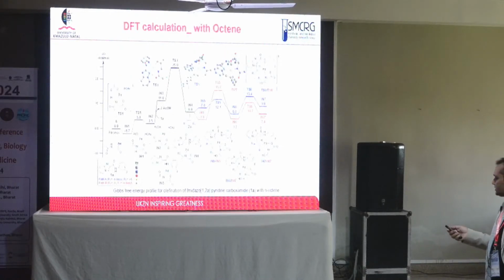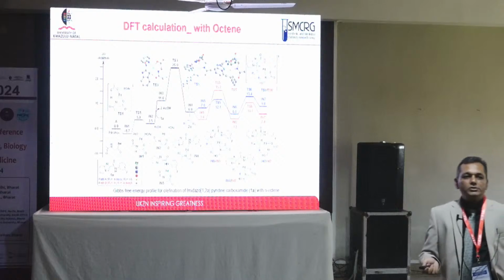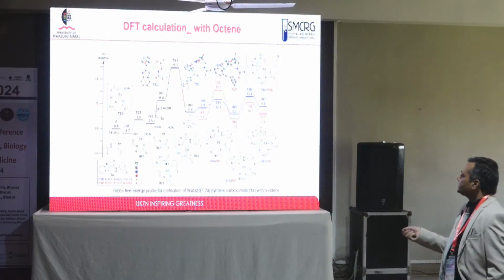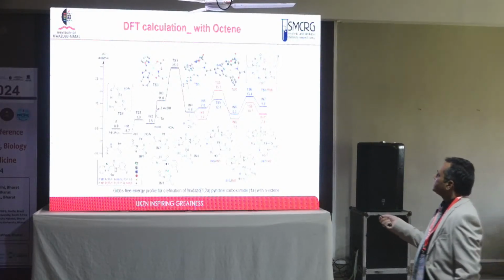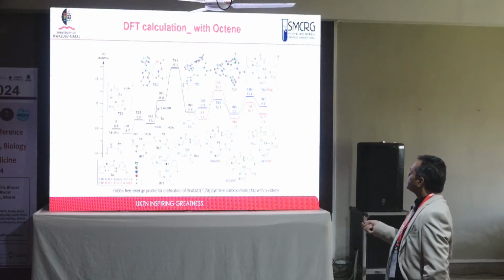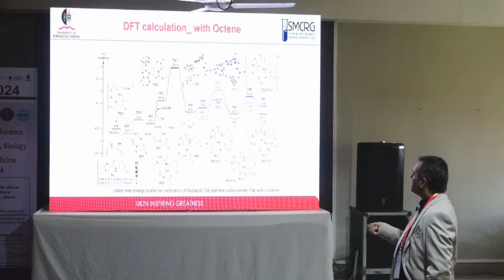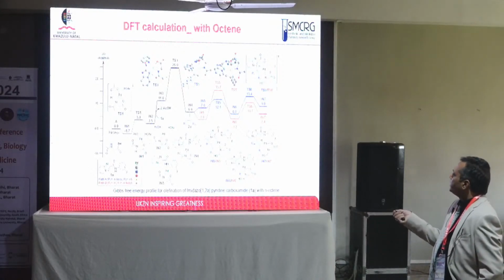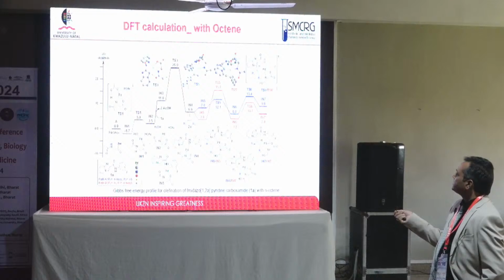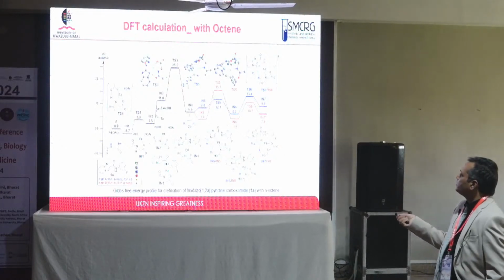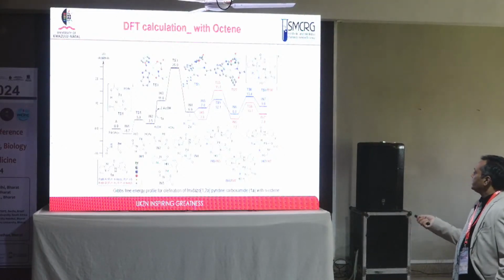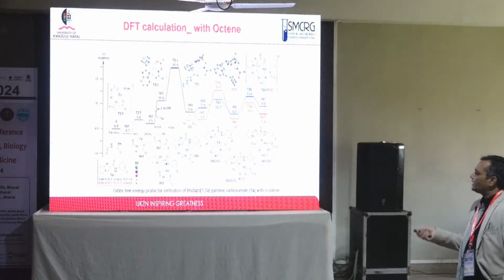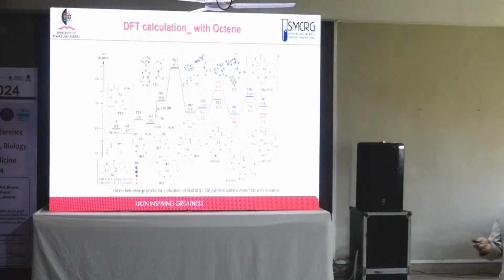We also did some DFT calculations. As you will see in the path, the transition state for the formation of the branched product was more favored, especially if you look here at 15.7 as a transition, here 25. These are the two major barriers which assisted the formation of the branched chain rather than linear.